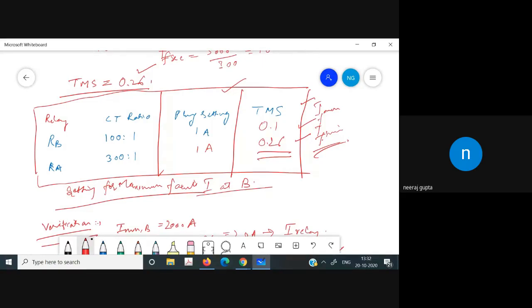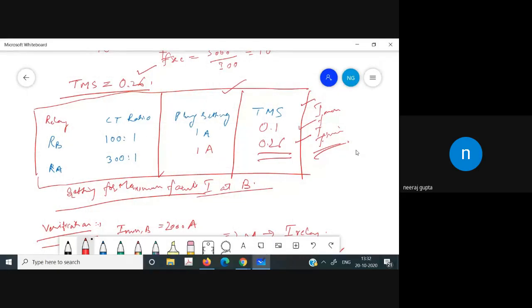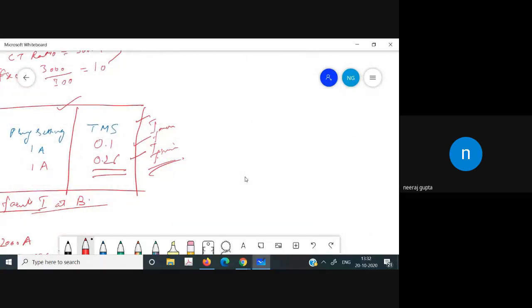Now, the certain points that we obtained from this: first point is that we start from the tail end of the relay setting.